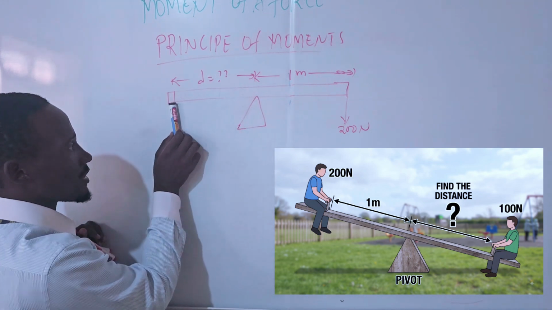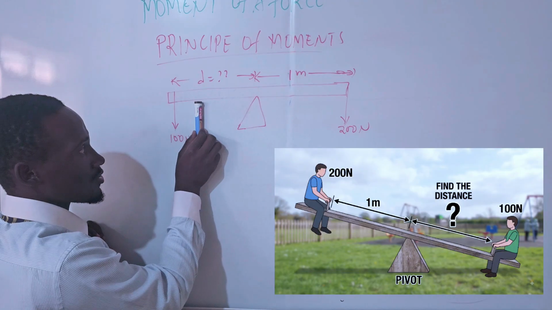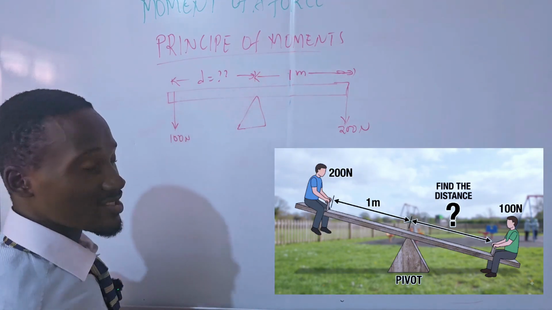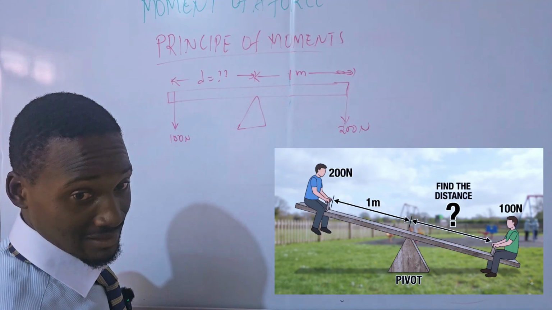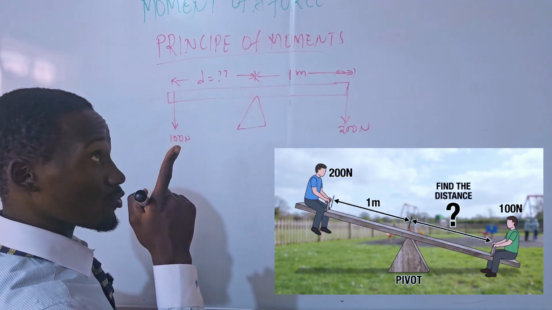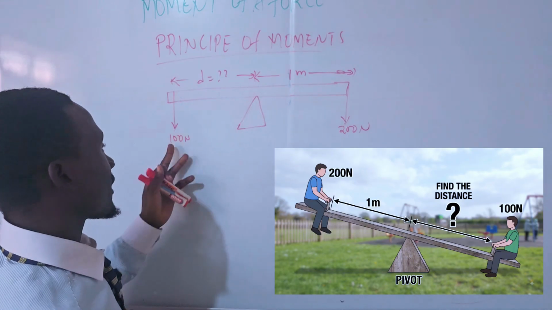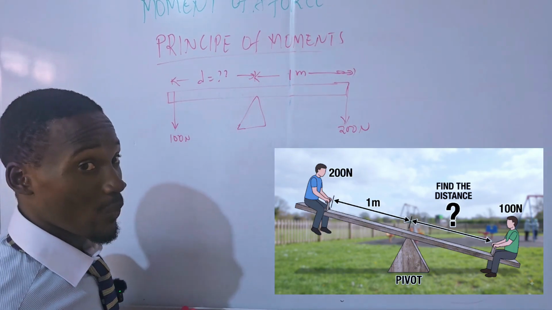This boy should keep adjusting his position so that the seesaw balances horizontally. This is the situation we want. So this boy must sit some distance, we don't know.